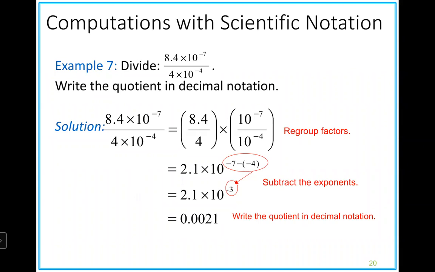The point was right here between the 2 and the 1. If you go to the left, 1, 2, 3, that's how we get 0.0021 as our result. So that's your example of dividing numbers in scientific notation.